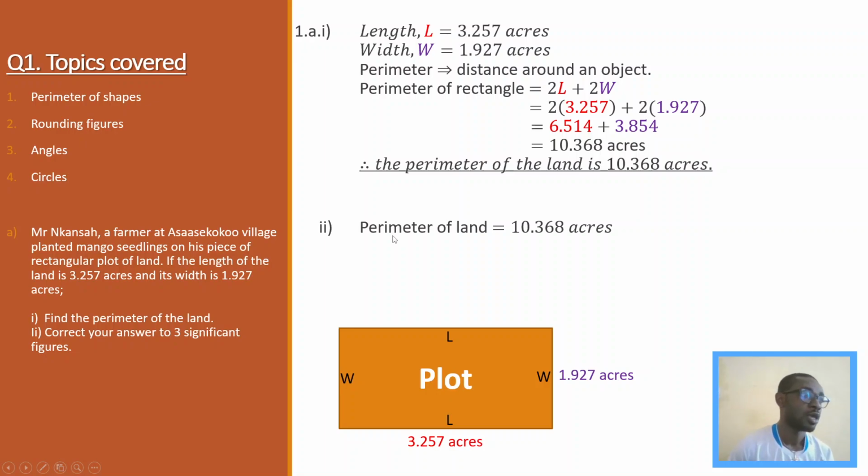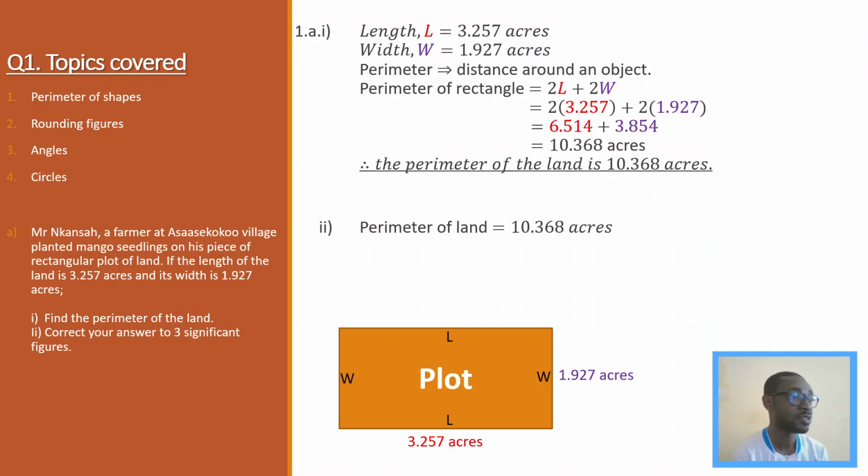Now, for that also, we have to state the data for that particular question. We have already solved for the perimeter of the land, and all that we are required to do is just to correct our answer to 3 significant figures.